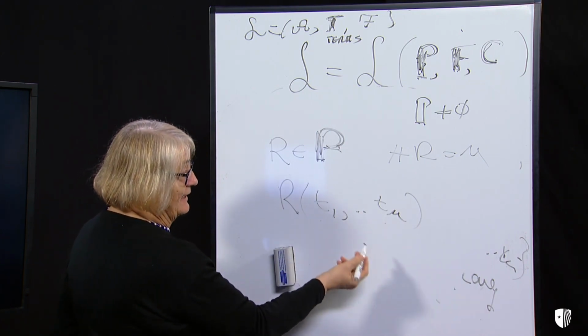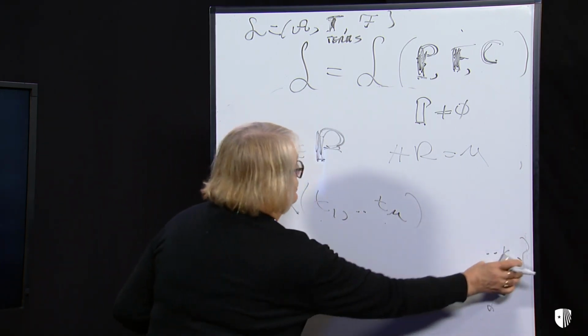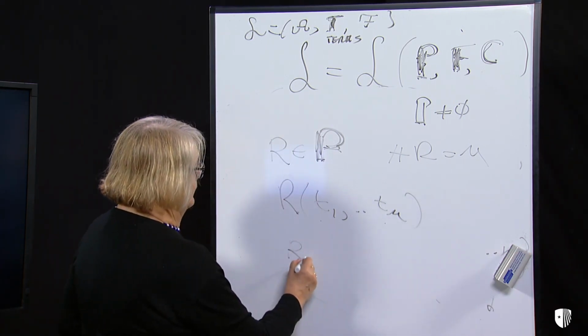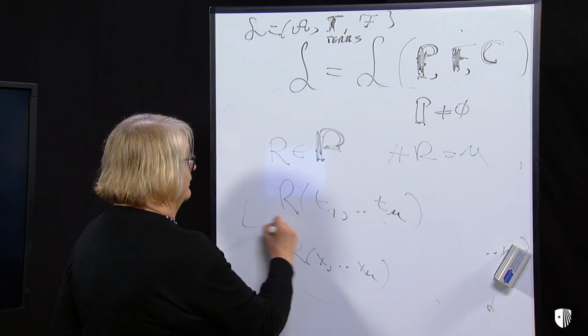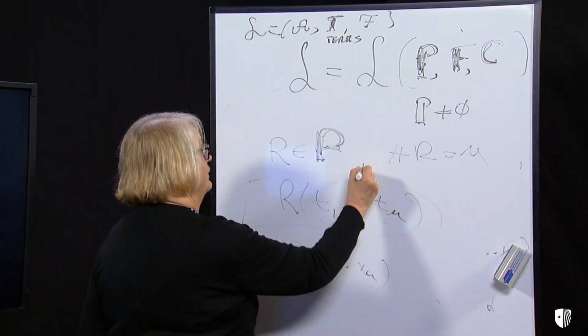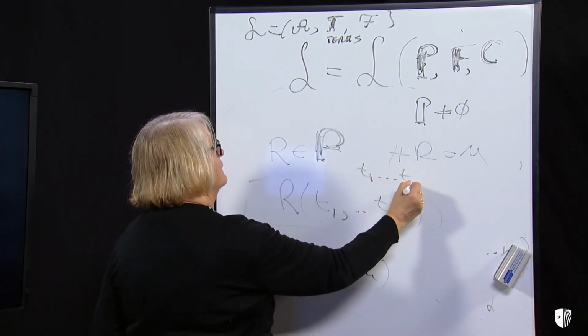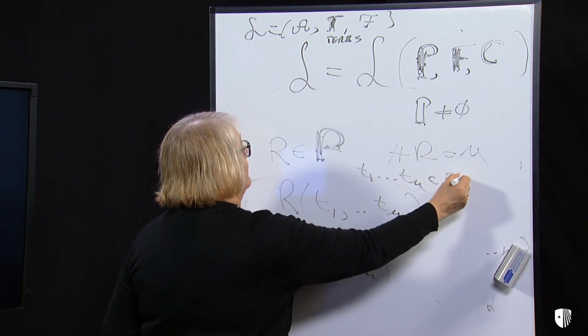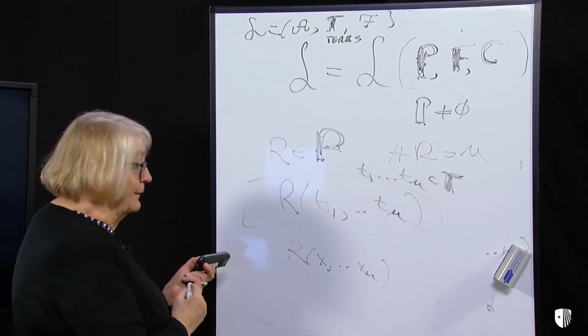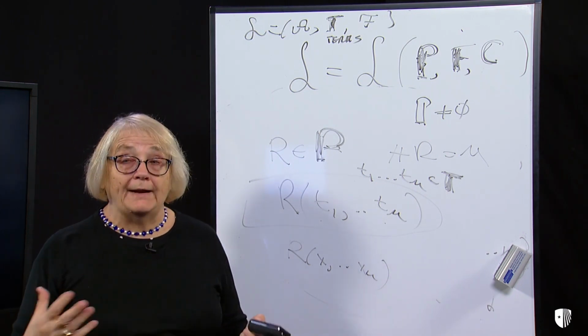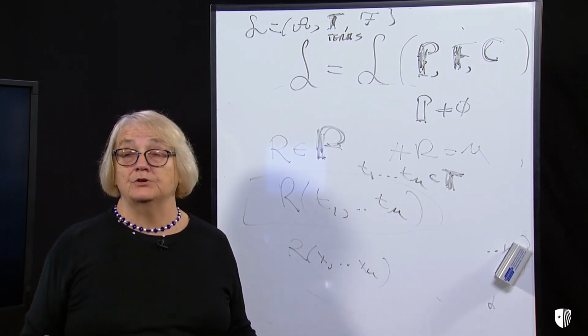So in the particular case where there are no functional symbols, that would be R(x1, ..., xn). These are building blocks, relations between terms.